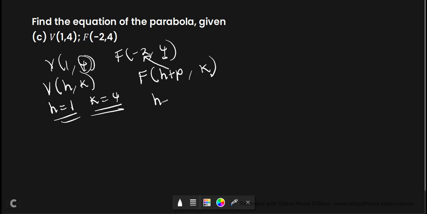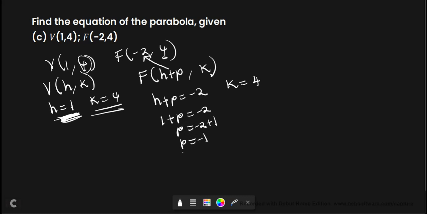So what you do here, you get this one, you equate. So h plus p equal to negative 2, then k equal to positive 4. Now, what was your h? Your h this side, it was showing that h is 1 plus p equal to negative 2, then p equal to negative 2, then plus 1, such that p equal to negative 1. So that's your p, right?